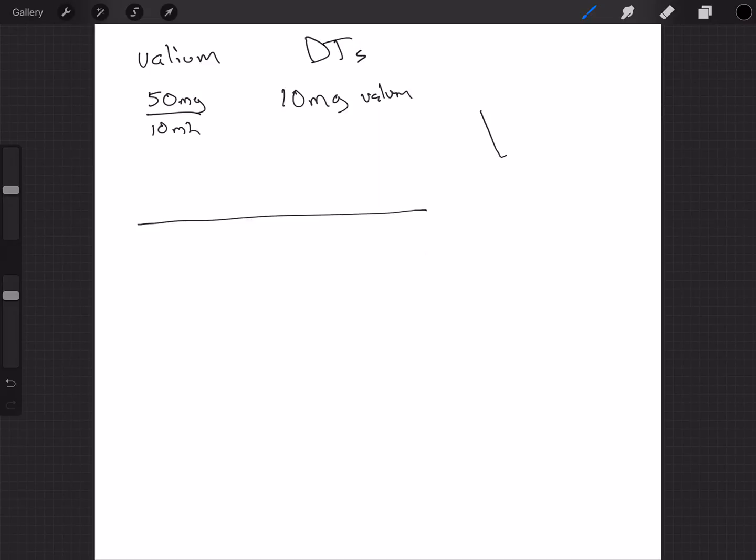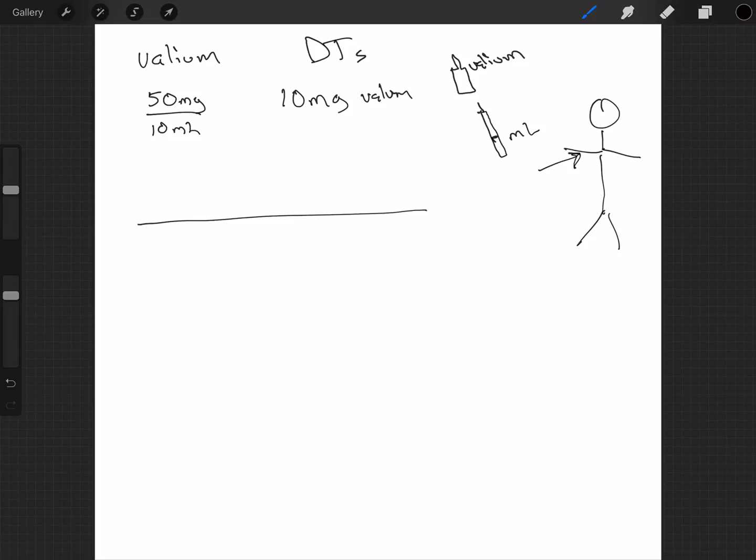But we got our syringe and our bottle of Valium. We're going to need to draw some number of milliliters into the syringe to then stick in the patient's arm so he stops being crazy.